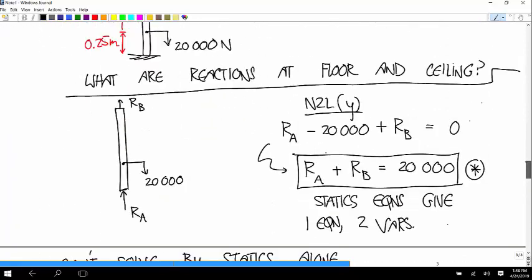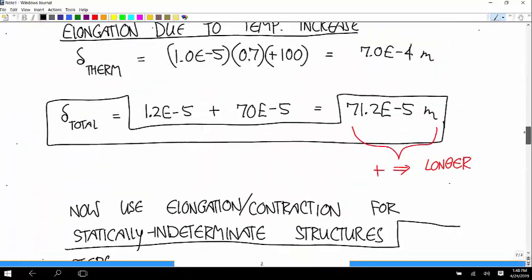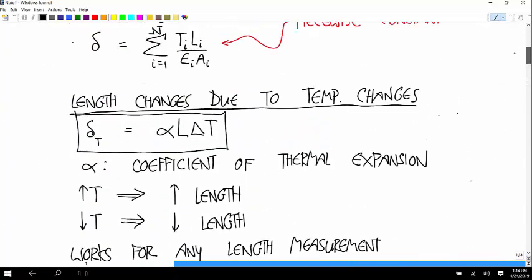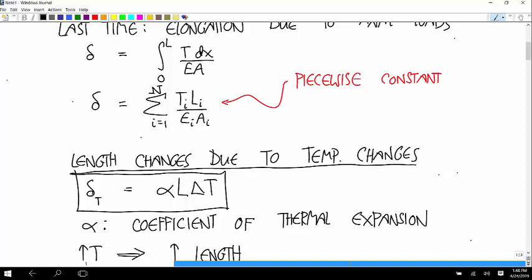We just have to be able to break it up into finite pieces to use the sum formula. It wasn't constant, but we could break it up into 0.25 meters where it was constant and another 0.75 meters where it's constant. You only can't use that if it's varying continuously.